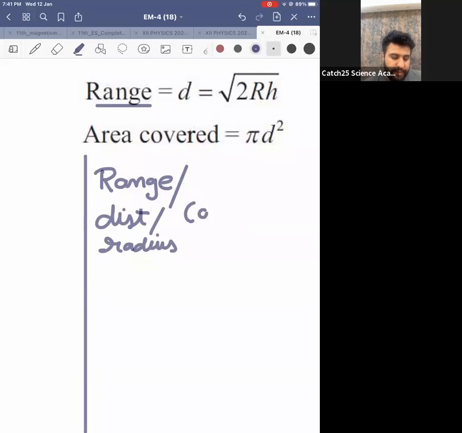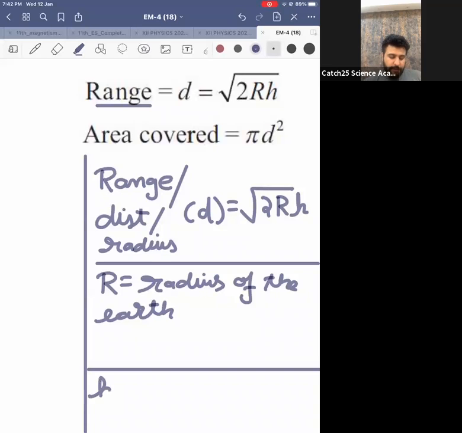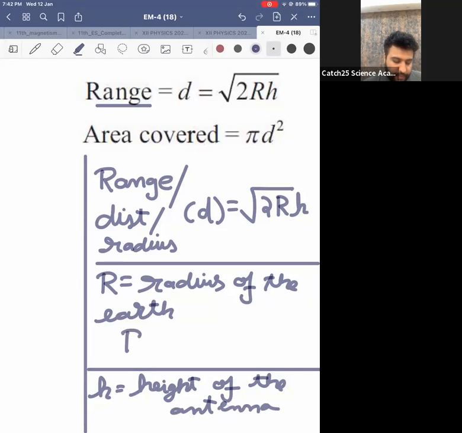The formula is D is equal to square root of 2RH, where capital R stands for radius of the earth, and H stands for height of the antenna. And you should also know the radius of the earth does not change, and I need the answer in meter.